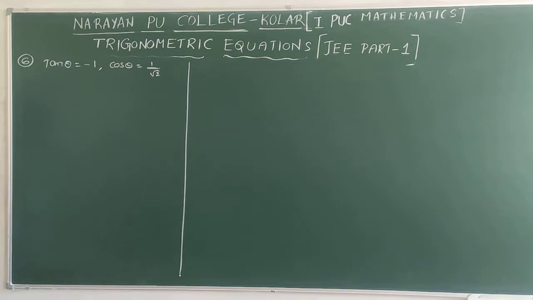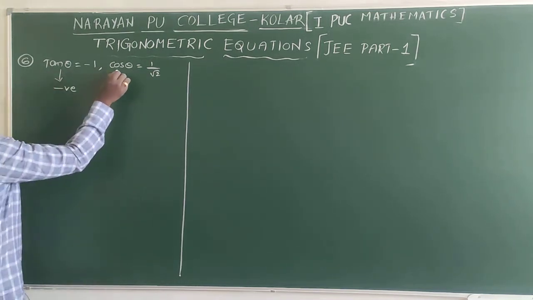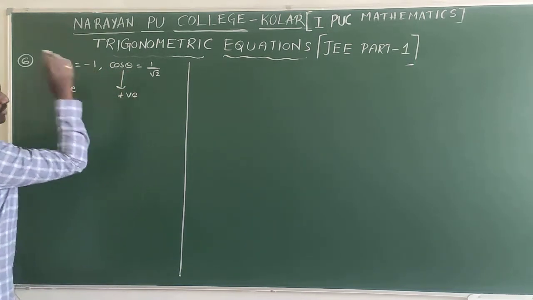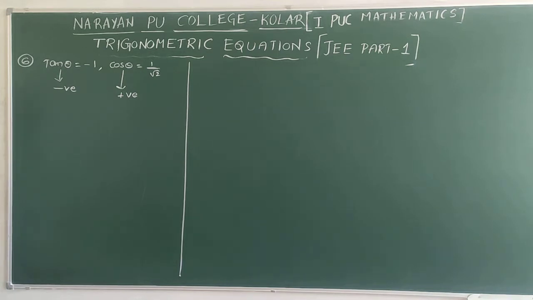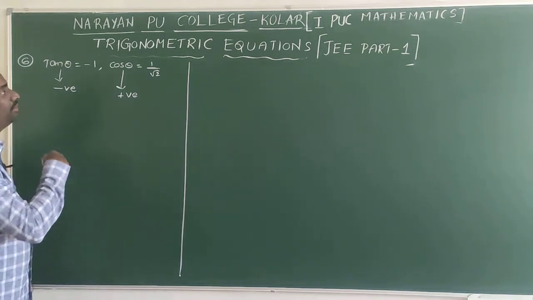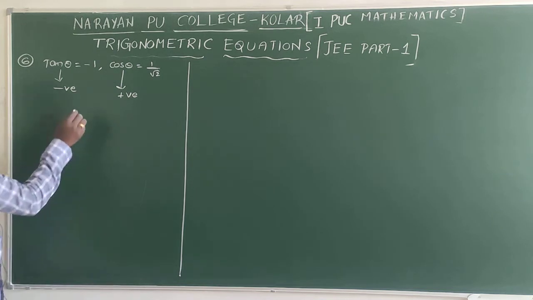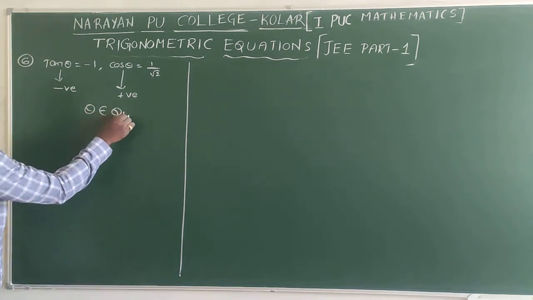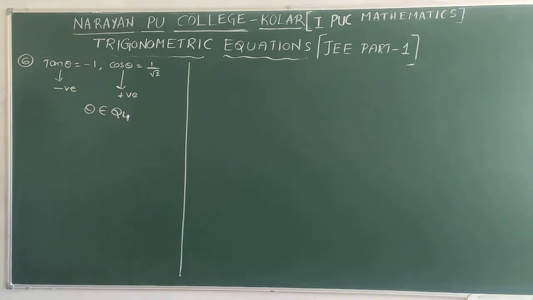See here, tan value is negative, cos value is positive. In which quadrant is tan negative and cos positive? That is nothing but the fourth quadrant. Because in the fourth quadrant cos value is positive, tan value is negative. In the fourth quadrant, for which angle is cos theta 1 by root 2?